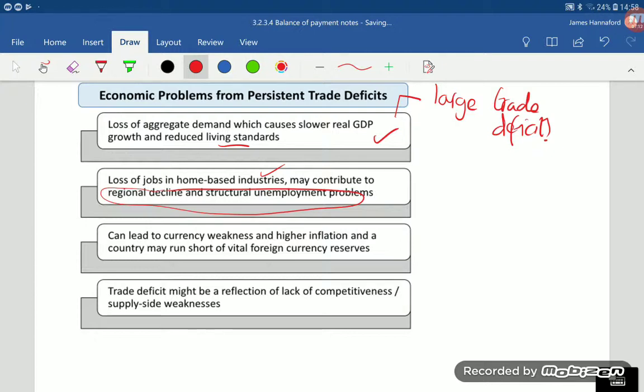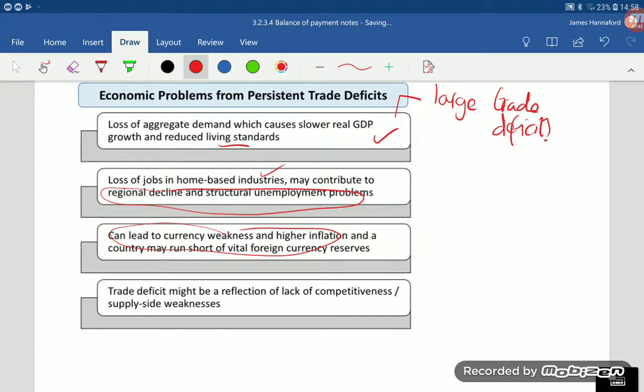Next problem with a persistent trade deficit, well, it means there's going to be some currency weakness. Think about it. If we're importing goods from abroad, it means we must be supplying pounds. And if we're buying the goods from, say, India, we must be demanding rupees, which means the value of the pound will reduce and the value of the Indian rupee will increase.